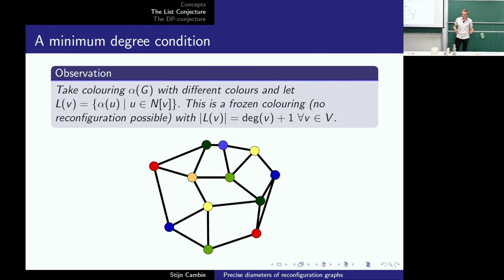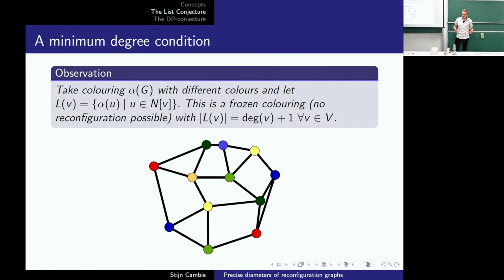and we can't reconfigure, since we can't recolor red with green, since its neighbor is green, same for black and blue, and the only remaining color is red, it's already red. And it's also not a hard task that with this list assignment you can find multiple colorings.